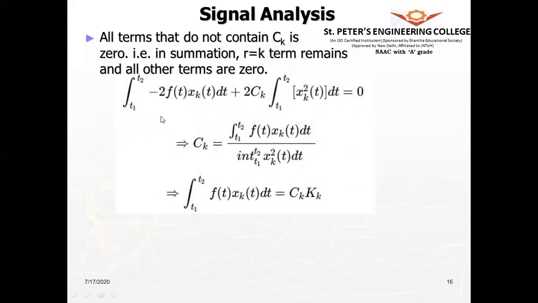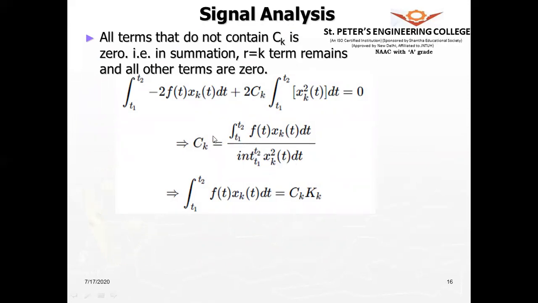So therefore, we finally end up with this equation: ck is equal to integral t1 to t2 f of t xk of t dt divided by integral t1 to t2 x square k of t dt.